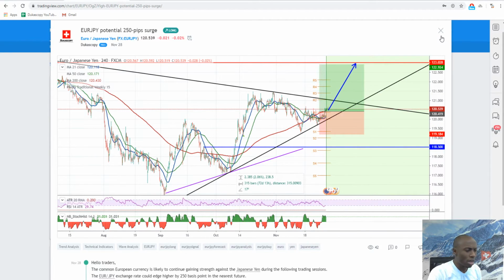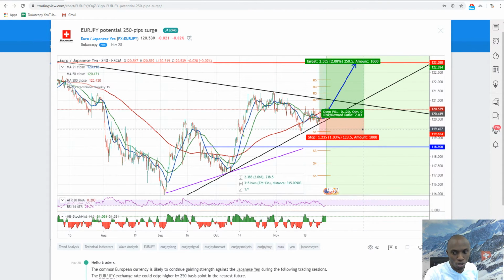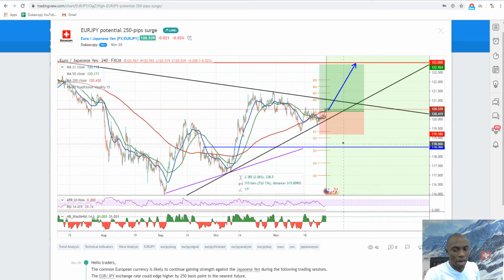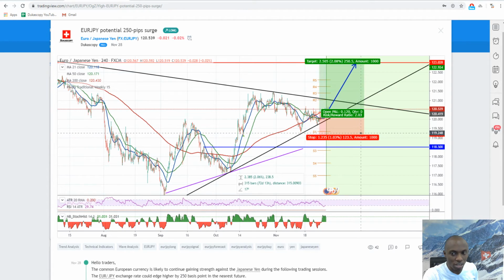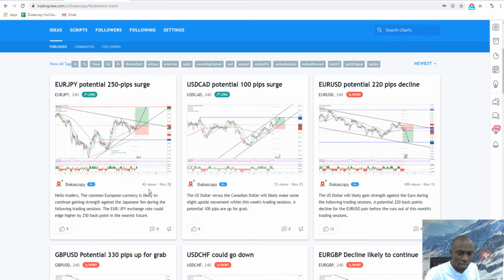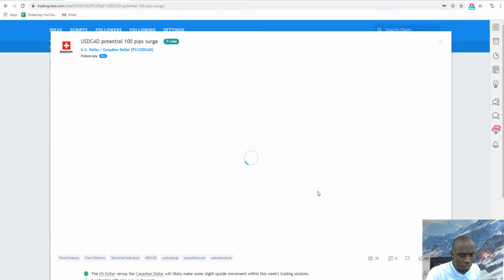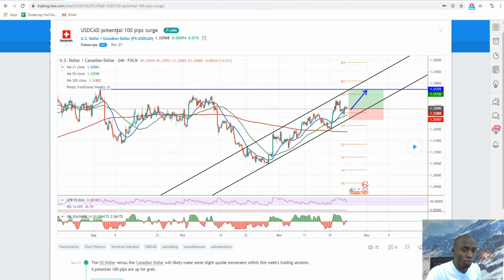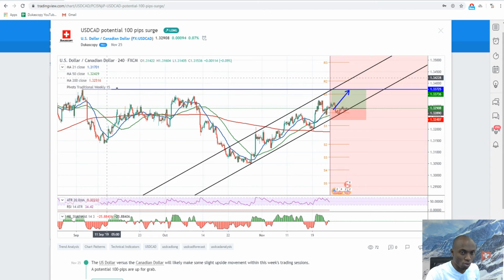And this is not a 24-hour focus. No, this focus might end in the next one month or in the next two weeks or so. As long as the price did not reverse and take me out from the market from this zone, it is still valid. I posted the Euro JPY yesterday on the 28th. You see the USD CAD, posted on the 25th. You can see the potential 100 pip surge for the USD CAD.